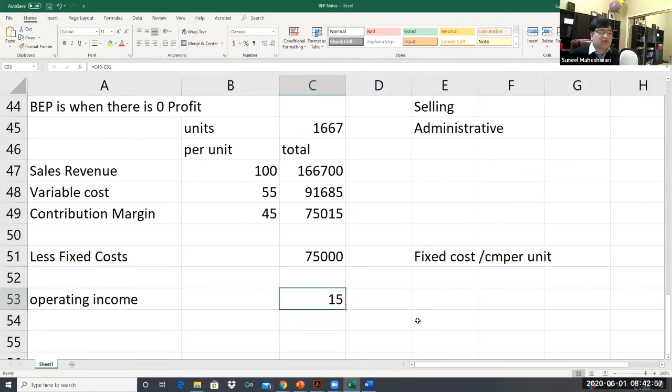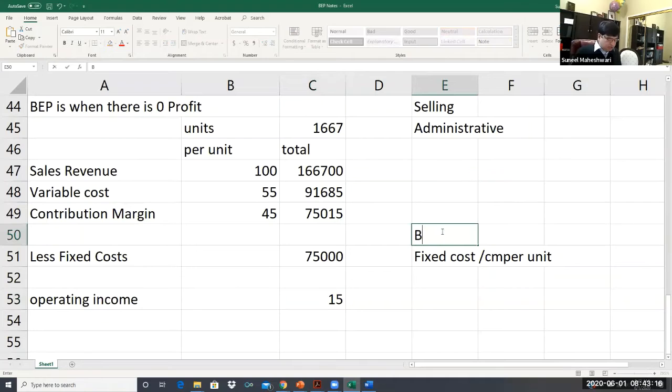So if you sell 100 units over the break-even, you will be making $4,500. At the break-even point, what is your profit?